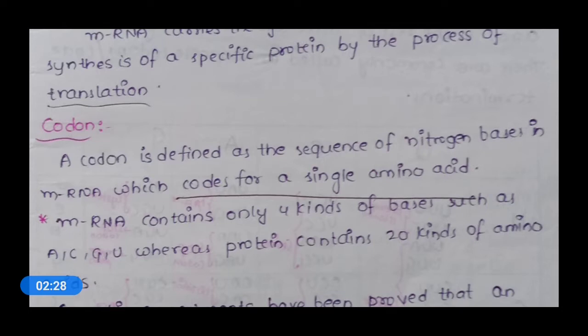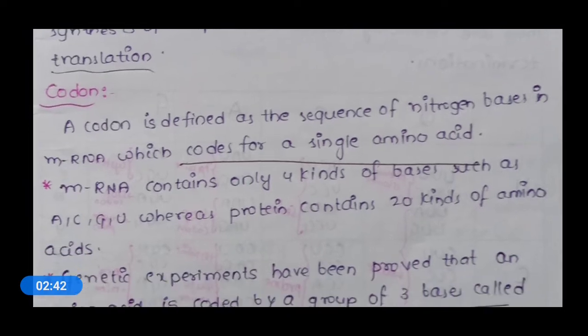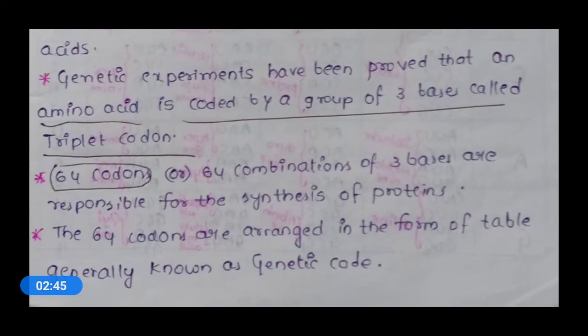Each amino acid is coded by a triplet of nitrogen bases, called a triplet codon, and one triplet codon codes for one amino acid. All the triplet codons responsible for protein expression are arranged in a tabular form, and that table we call the genetic code. In total it has 64 codons.